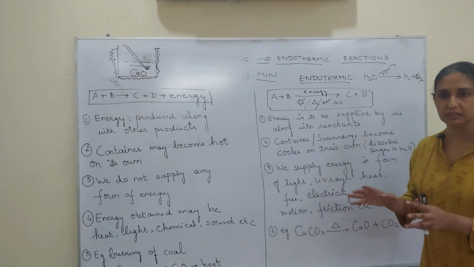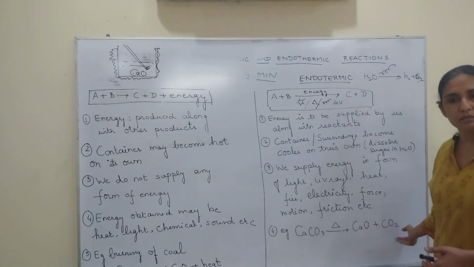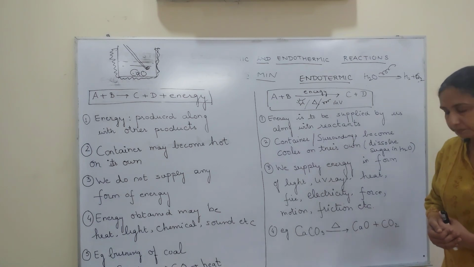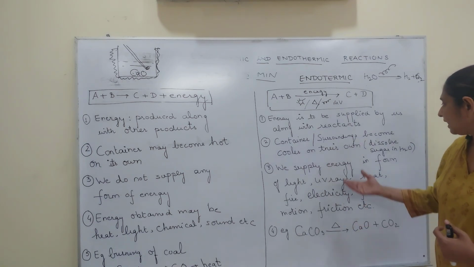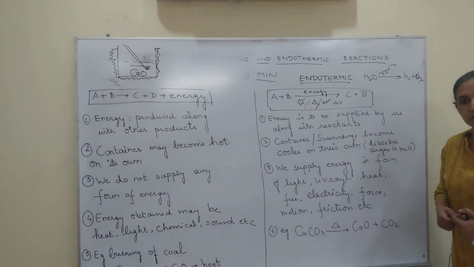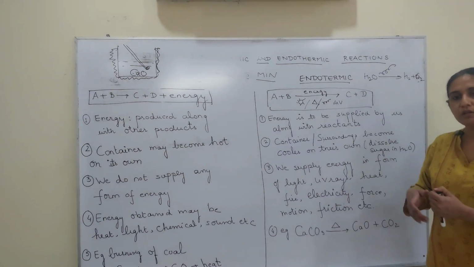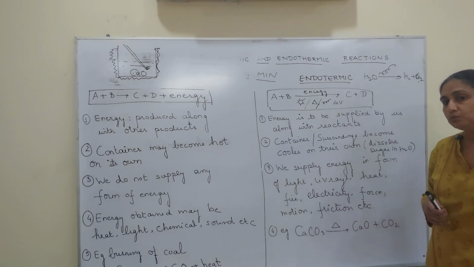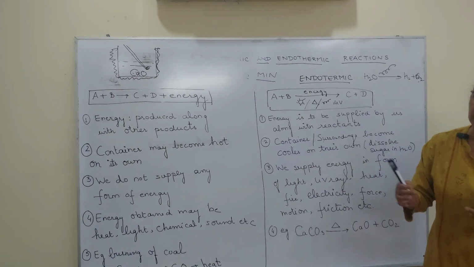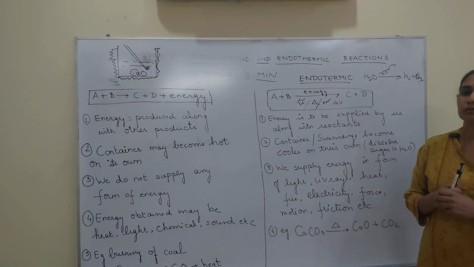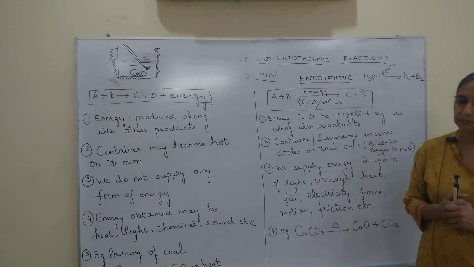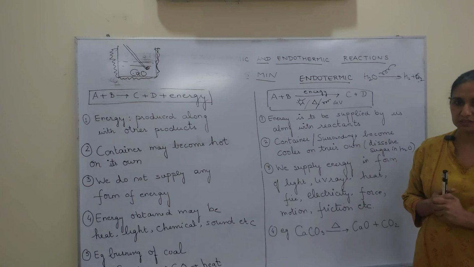We are providing heat and it produces some fancy products. And we had the example of sugar. What happens in sugar? While it is dissolving, the container becomes cooler. So automatically the container is becoming cooler and hence it is an endothermic reaction.